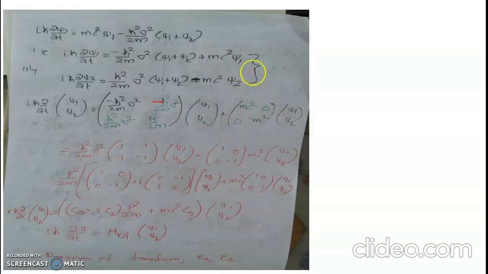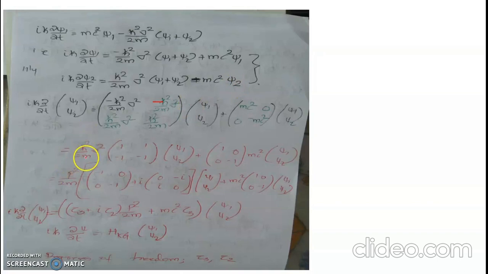So mc square psi 1, this is the first equation, and iH cross dou psi 2 by dou t equal to h bar square by 2m del square psi 1 plus h bar square by 2m del square psi 2, which is h bar square by 2m del square into psi 1 plus psi 2 plus 0 psi 1 minus mc square psi 2, that is minus mc square psi 2.